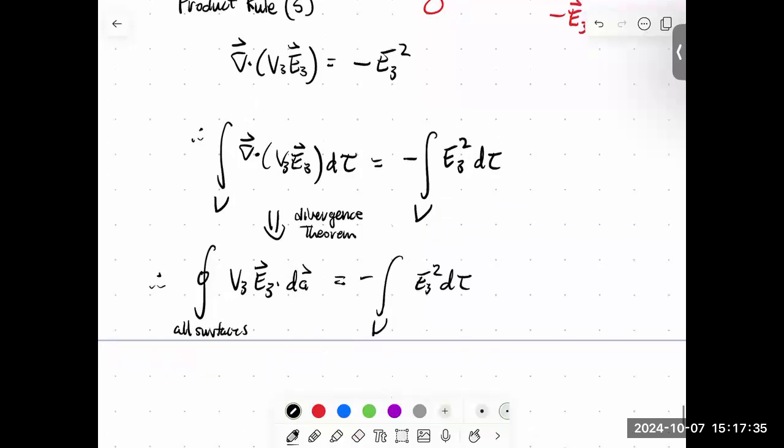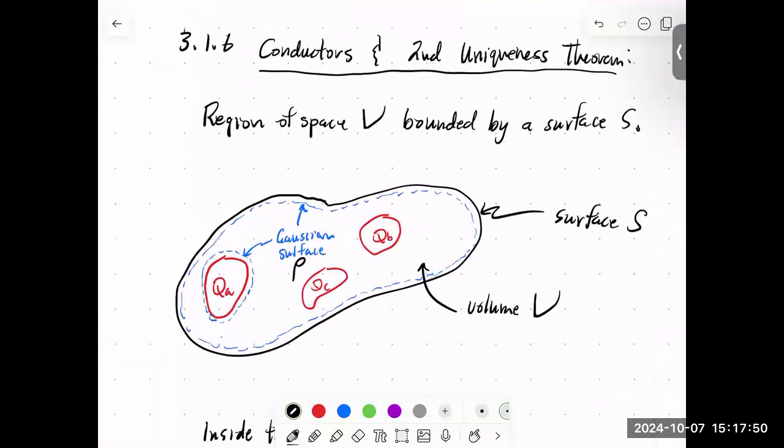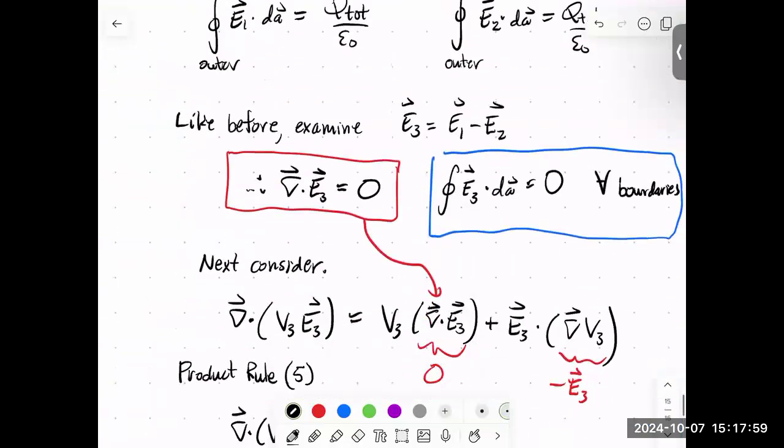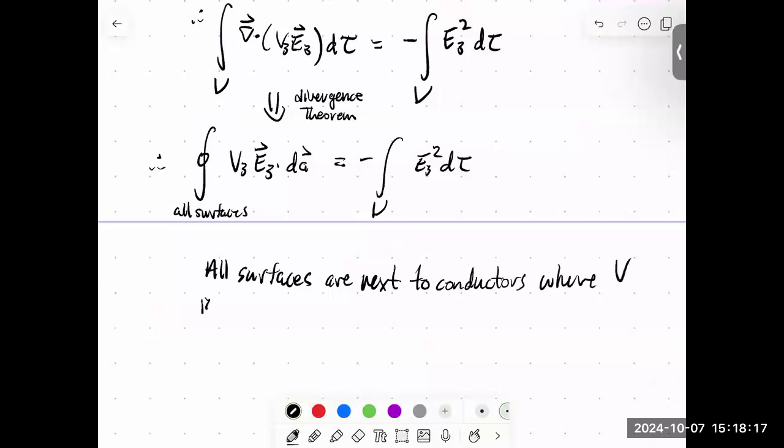Okay, we're almost done. All of the surfaces that we have are conductors. We have this conducting surface, and we have all of these conducting surfaces. And everywhere on a conducting surface, the potential is constant. So all surfaces are next to conductors where V is a constant.